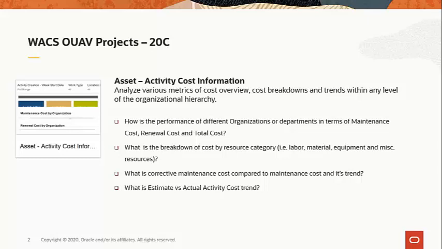This particular project or canvas will basically be used to analyze various metrics of the cost overview, cost breakdowns, and trends, which can be seen at any level of organization or departments.